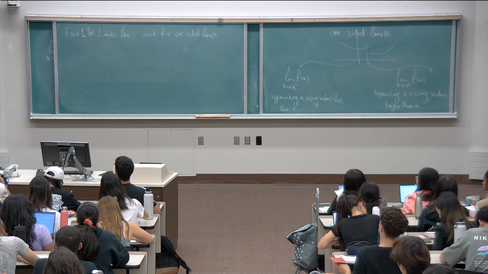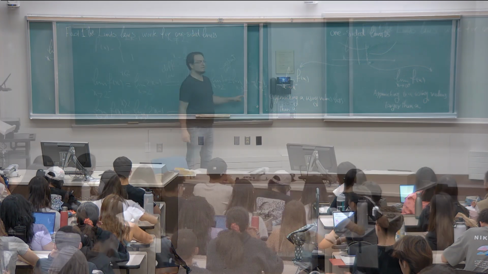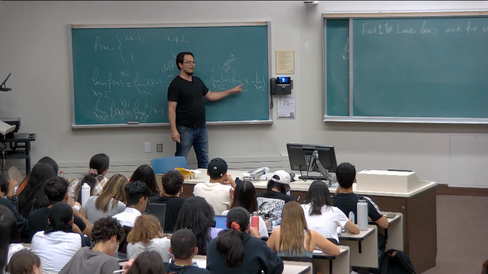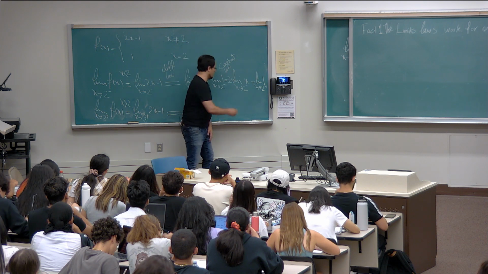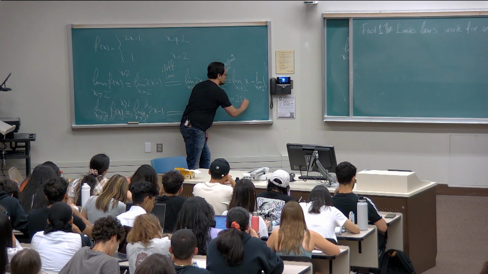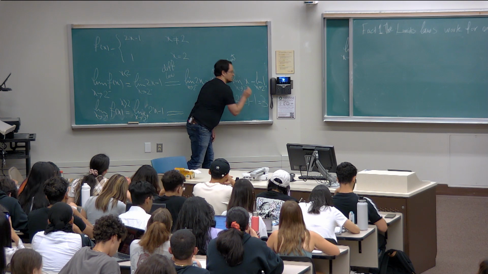And then, this is just x. As x approaches 2 from the left, x is approaching 2. So this will give me 2 times 2 minus 1, which is 3.